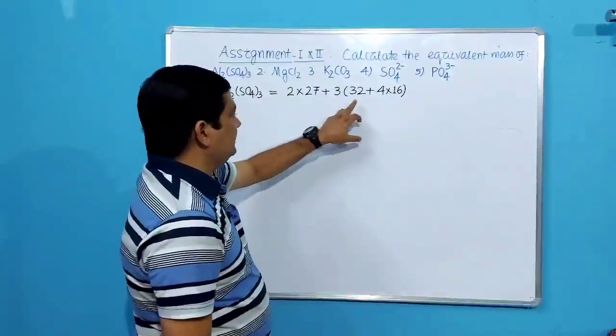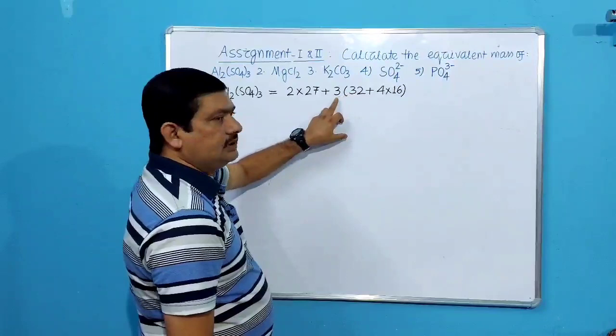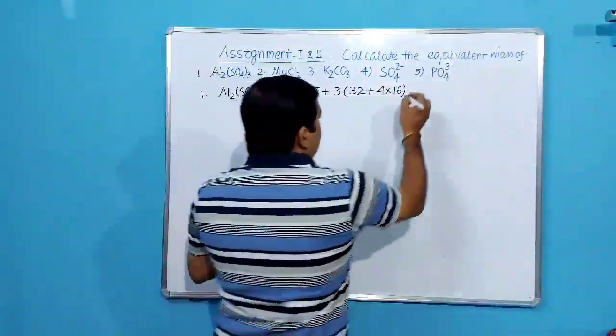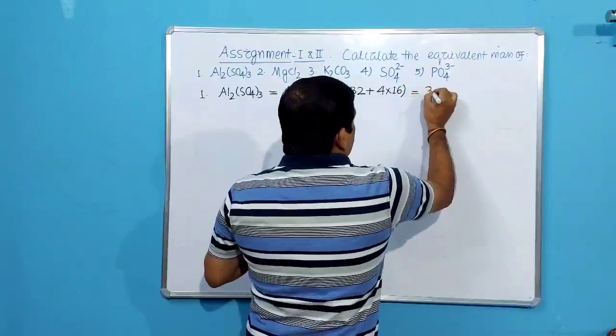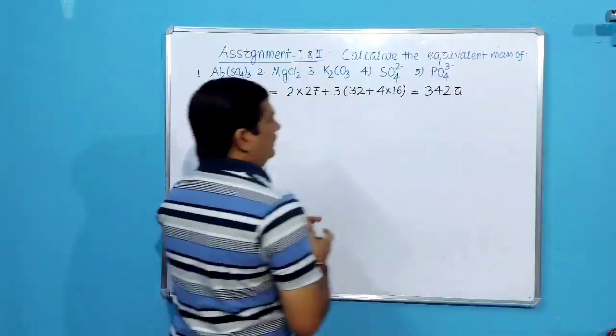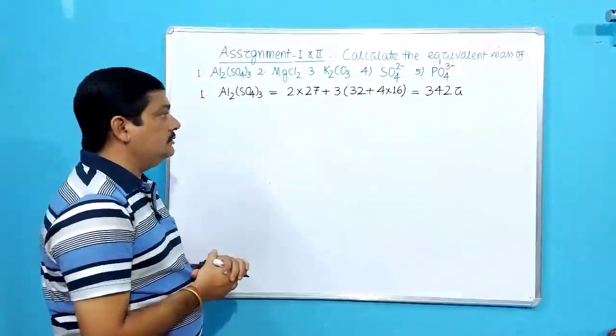So 64 plus 32 is 96, into 3, 288, plus 54, it will be 342 U. So the molecular mass of aluminum sulfate is 342 U.